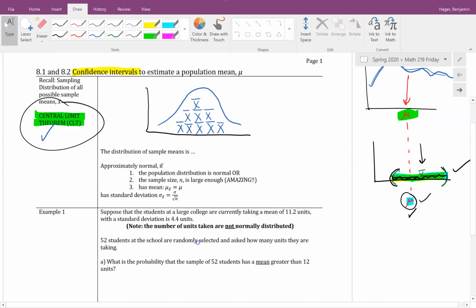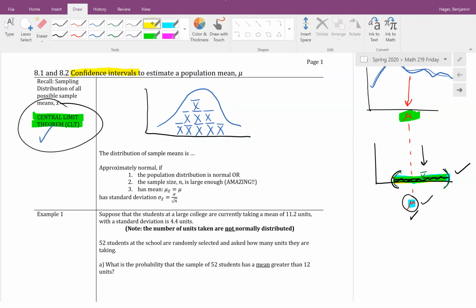So if you recall what we learned in 7.1, the distribution of sample means, all my sample means laid down, is approximately normal as long as either the original population itself was normal to begin with, which sometimes happens.